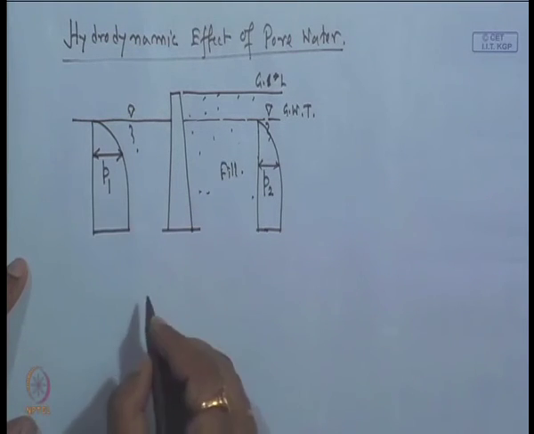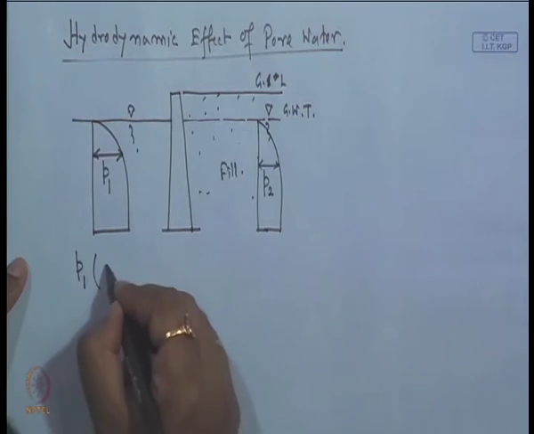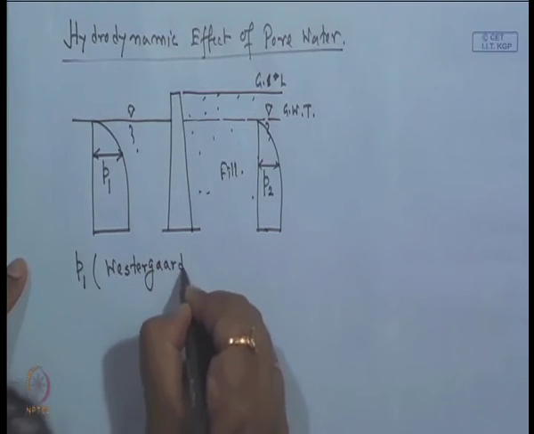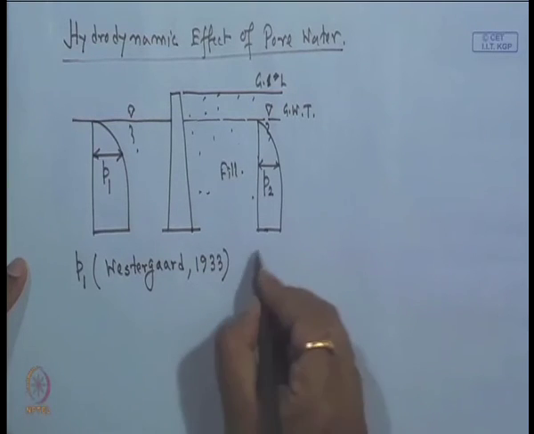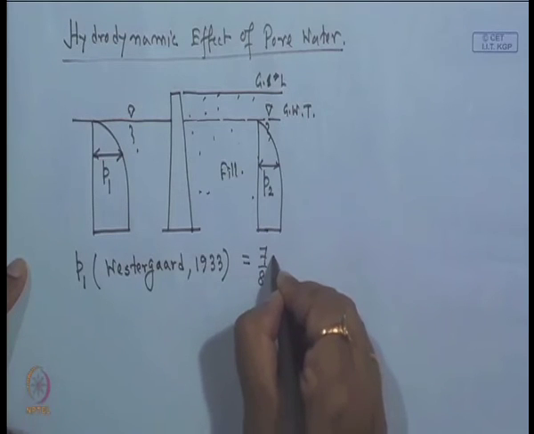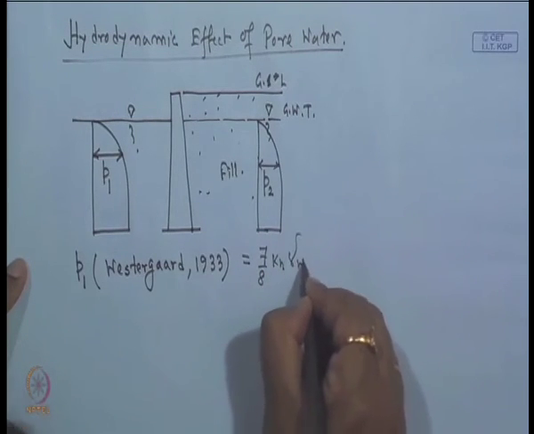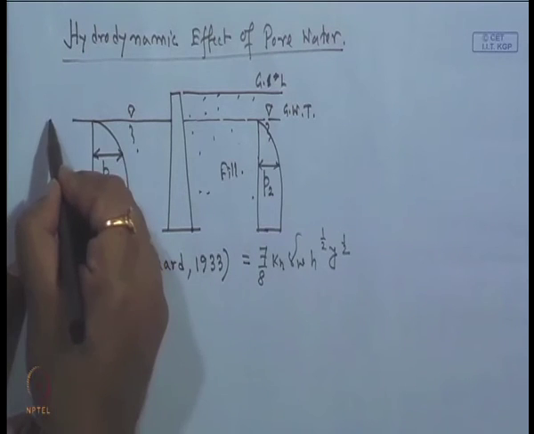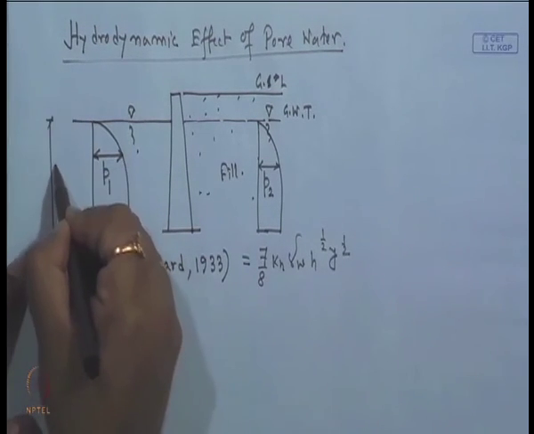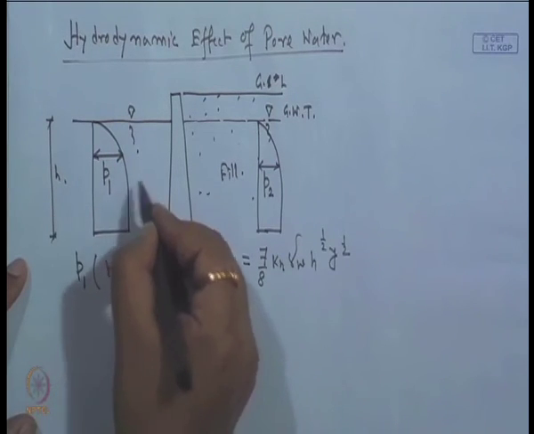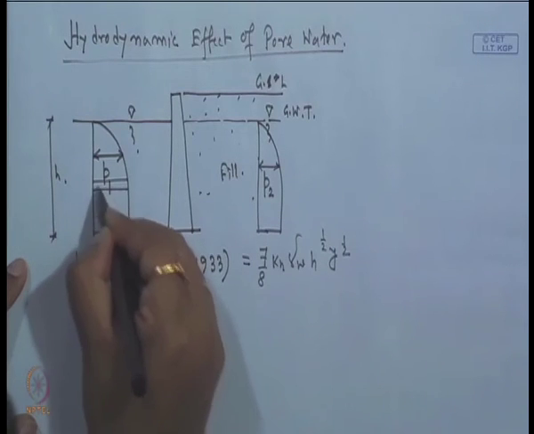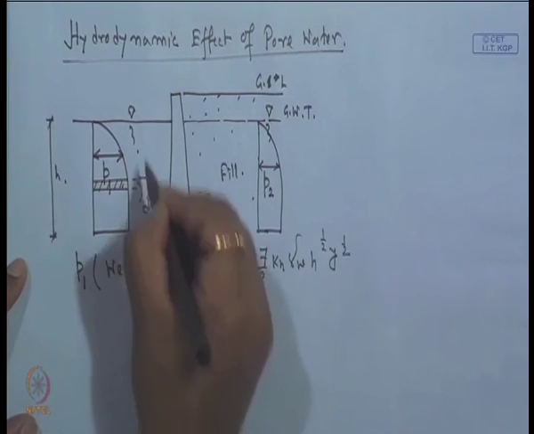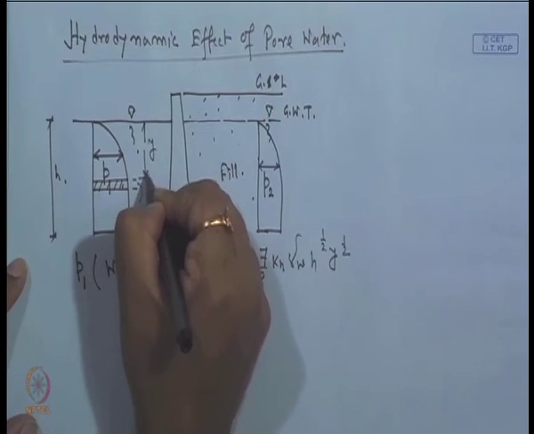So, this is the variation, because according to Westergaard, 1933, this P1 variation is 7 by 8 k h gamma w h to the power half y to the power half, where h is the height of the water level and y, suppose we consider a very small element here with a thickness dy and from the height y from the top.